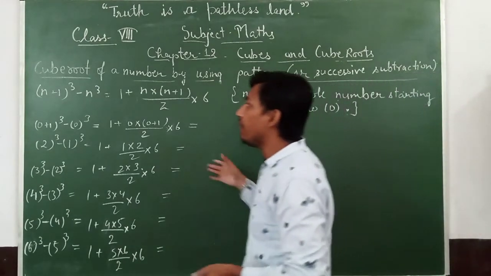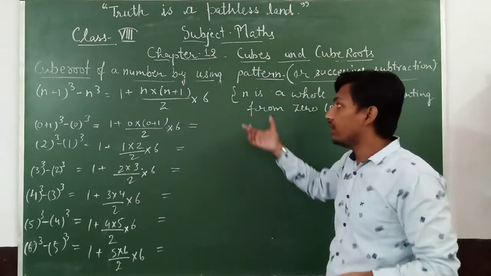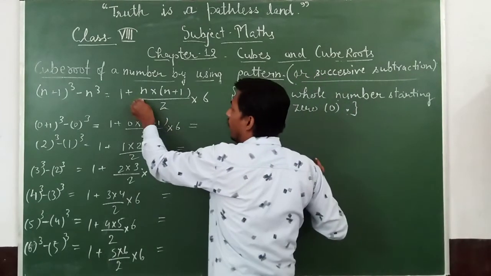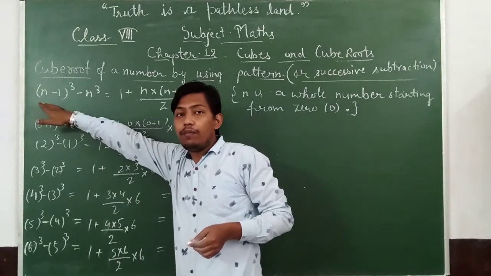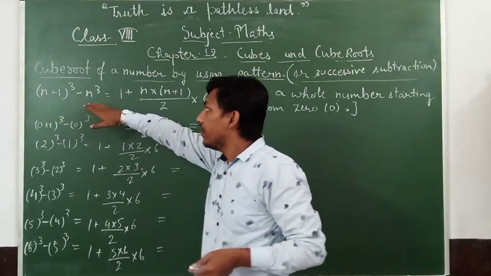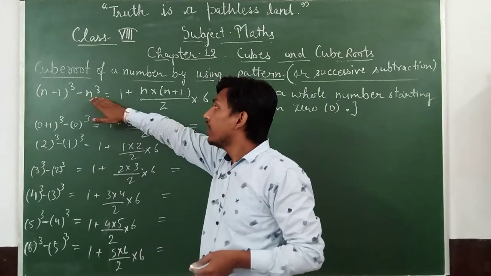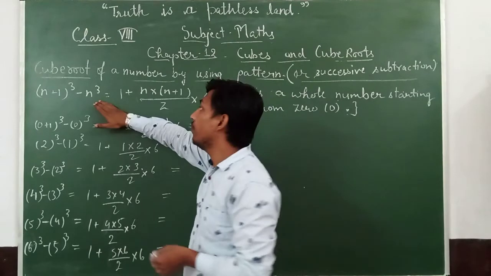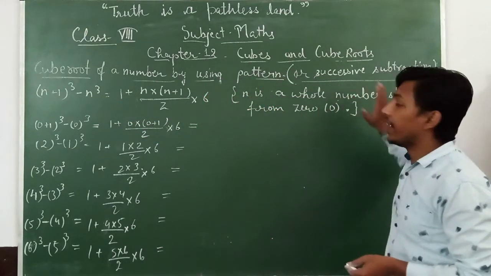So how can we find the numbers of the pattern? The numbers of the pattern we get from this formula. The formula is: the cube of a whole number minus the cube of its predecessor gives the new number which we have to subtract.